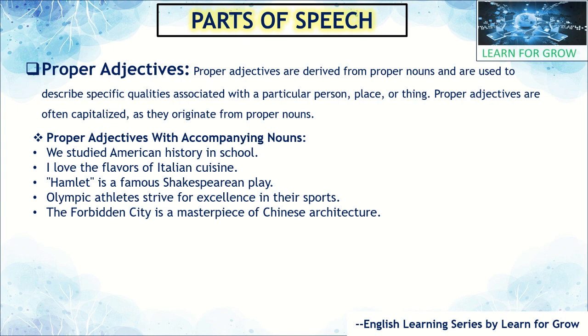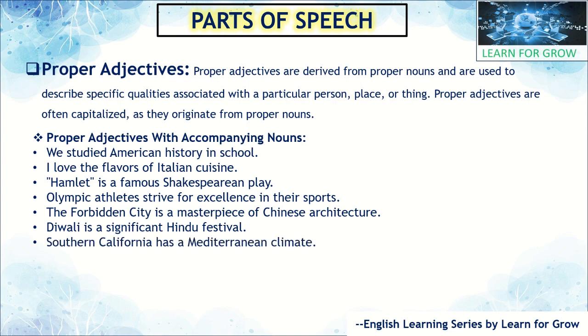See here, properly we have given the name, right? So it adds value to the adjectives, right? See here, Diwali is a significant Hindu festival, like that. Southern California has a Mediterranean climate. Many classic works are considered part of French literature.